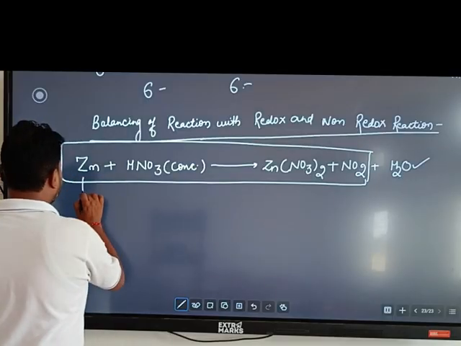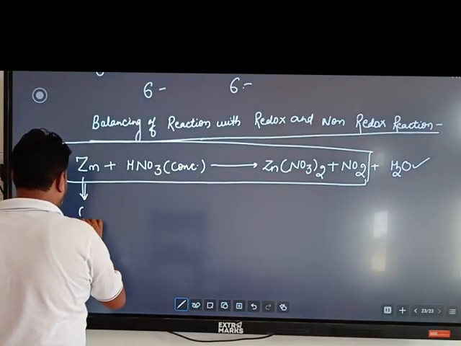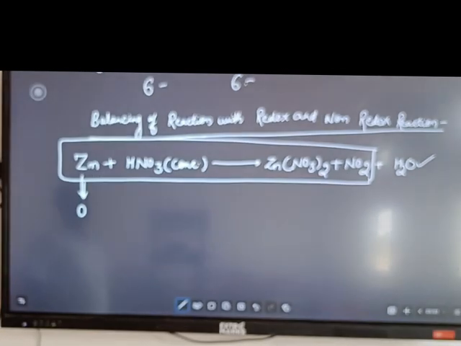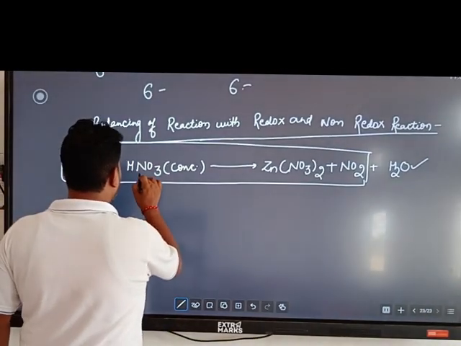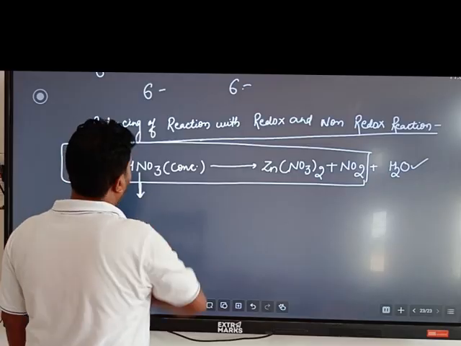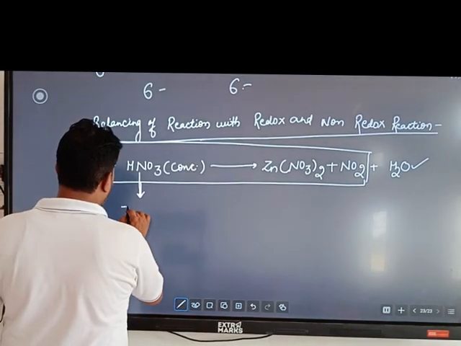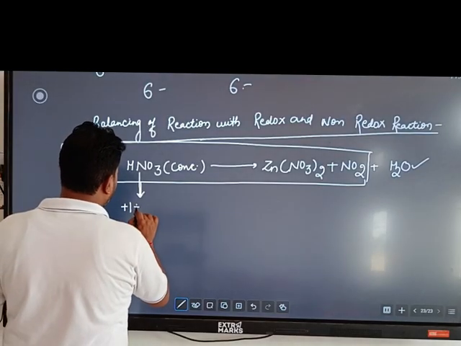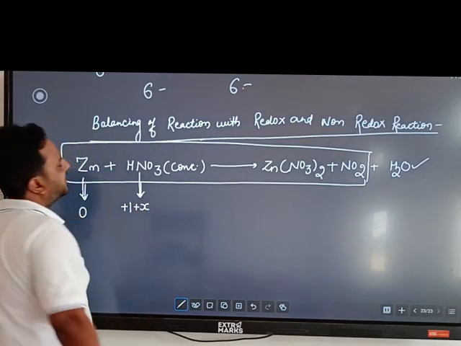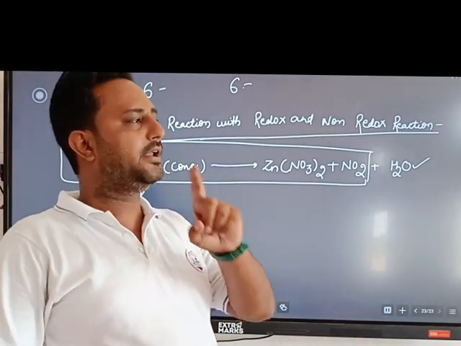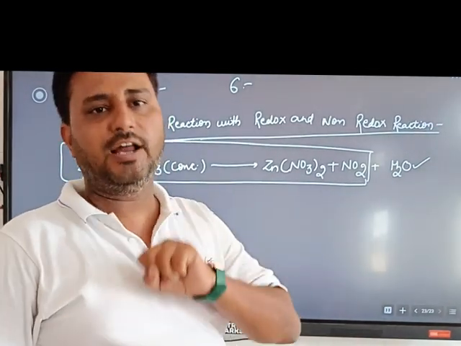Now, in this reaction, zinc is in elemental form. So oxidation number of zinc in this reaction is 0. Now moving towards the nitric acid. In nitric acid, oxidation number of nitrogen: hydrogen has the oxidation number of +1. Net oxidation number of nitrogen is X, and oxidation number of oxygen is -2 for one atom.